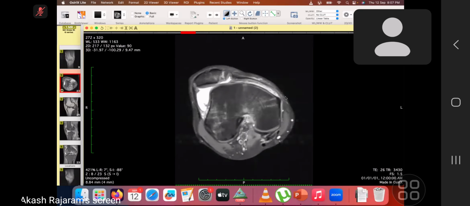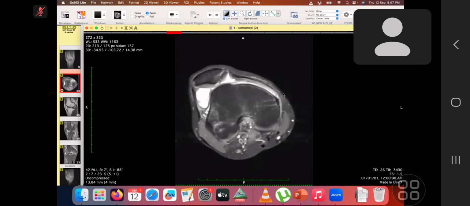I see that there is a joint effusion with lateral displacement of the patella, and there is abnormal signal implicating the medial aspect of the patellar facet, most likely to be osteomalacia or osteochondral lesion.